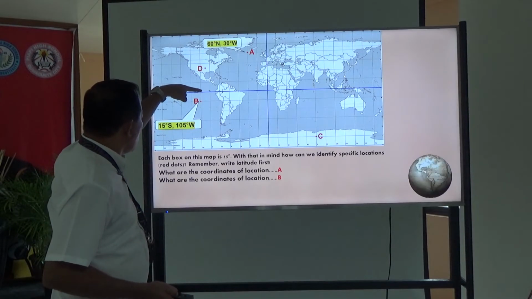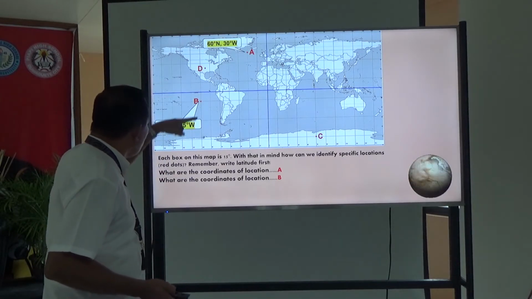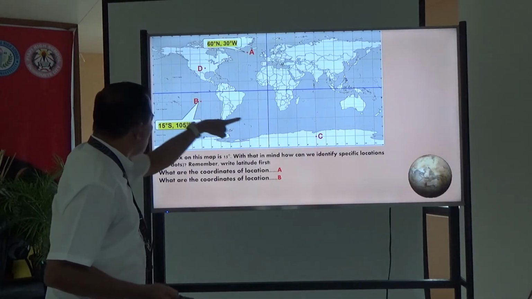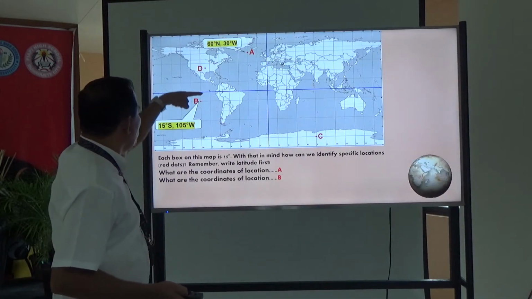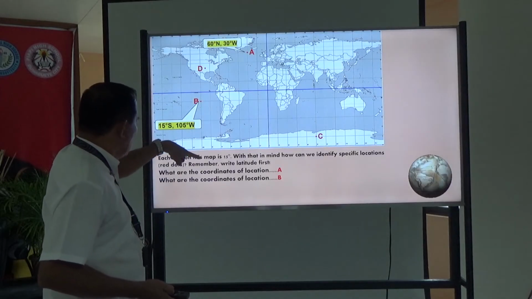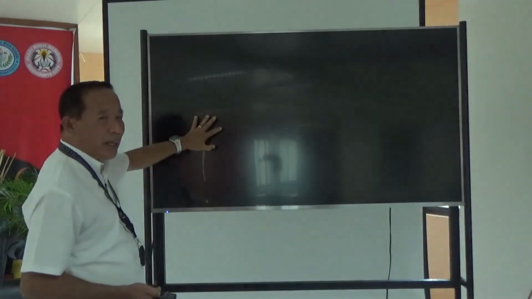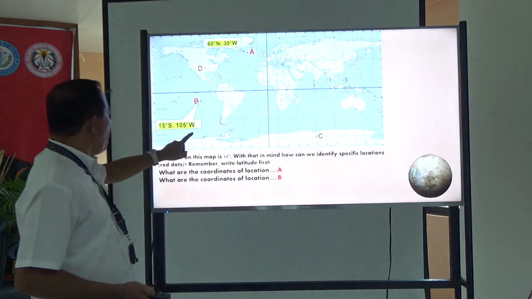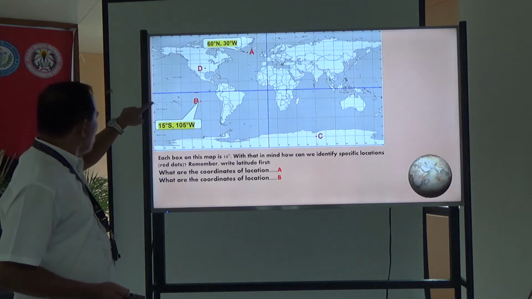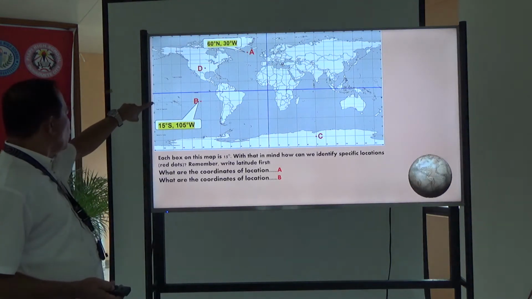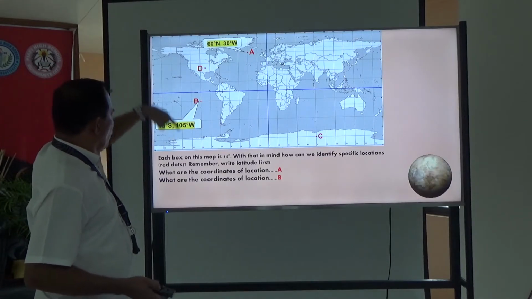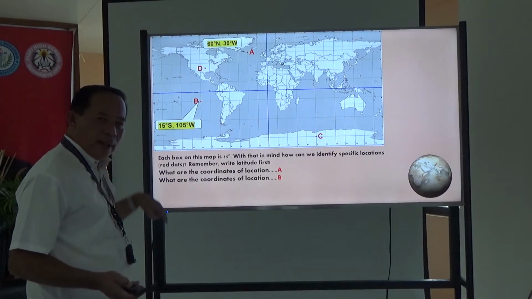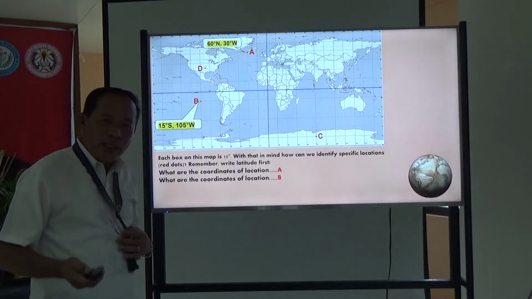Look at this. This is the equator and below that is south. So all the latitude horizontal lines from here are the south. And this is the second quadrant, correct? Next, this is found here, and this is about 105 degrees longitude west. Did you get it right?